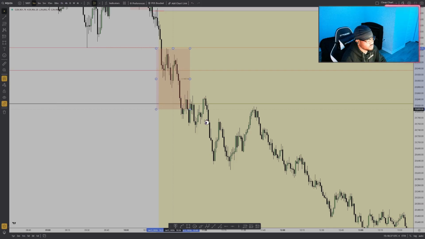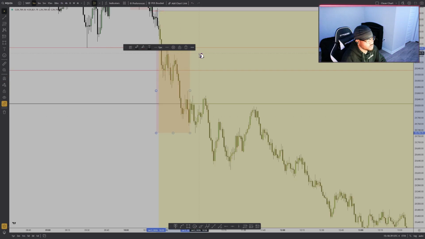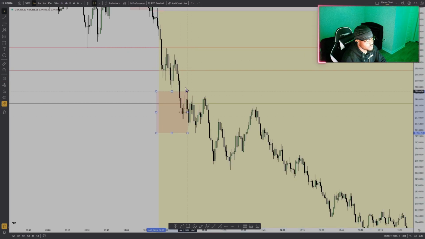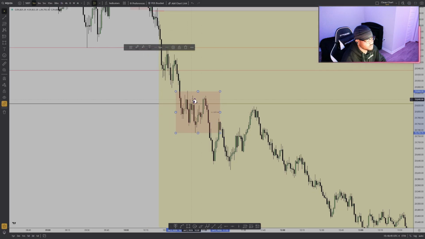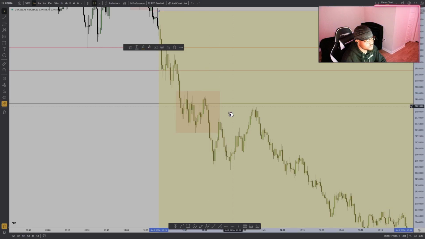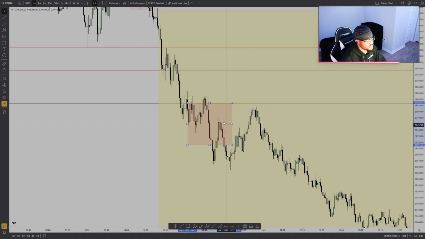Every time we made any form of a consolidation going lower, we broke out going lower. So same thing here, price consolidating. It trades out of that consolidation, goes lower, breaks the low, and it just keeps doing this rippling effect over and over of consolidating and breaking the low.